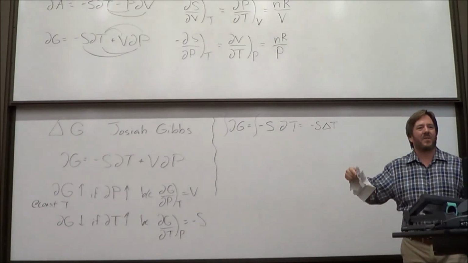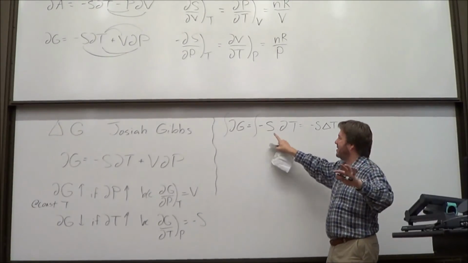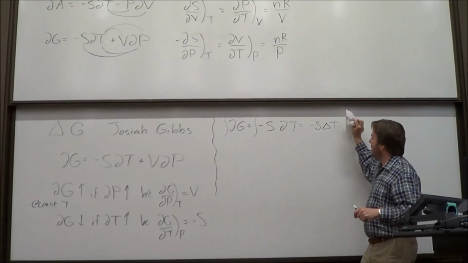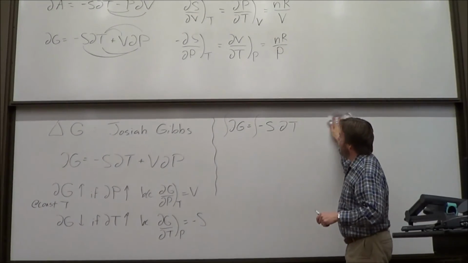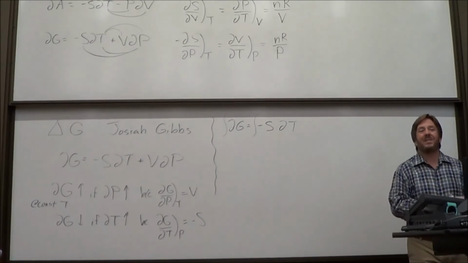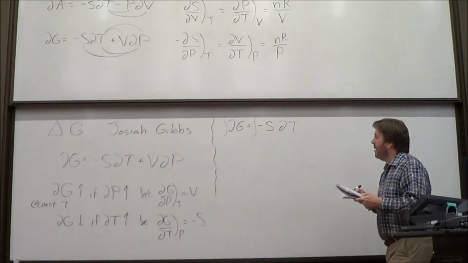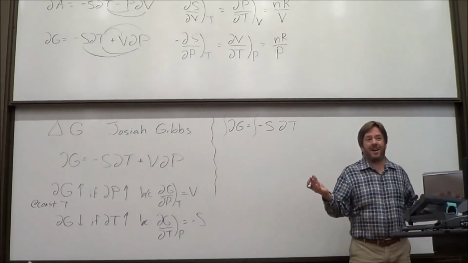Cv ln Tf over Ti. Don't worry about that. Just recognize that there's a T inside of this. And that means you cannot do this. No. That means that you're kind of stuck. And you are, by the way. So that sucks.